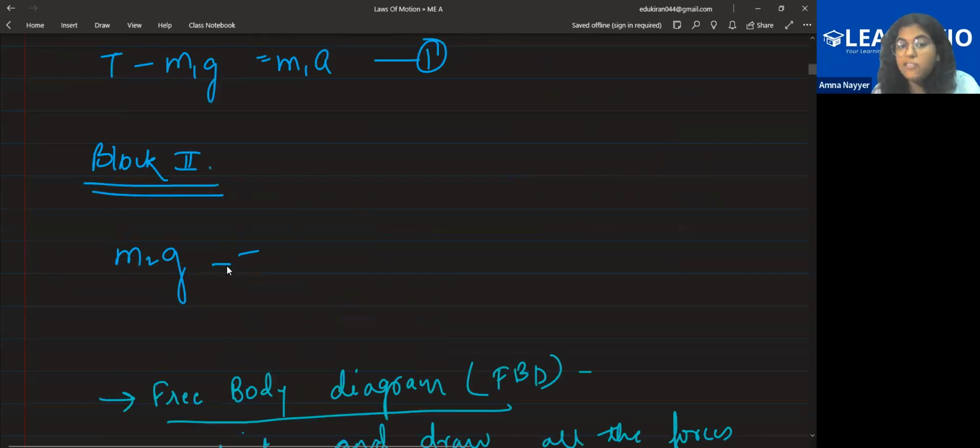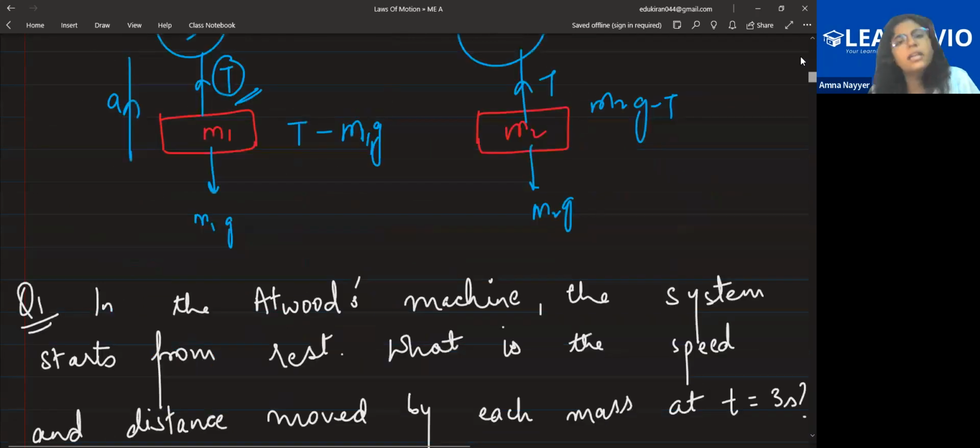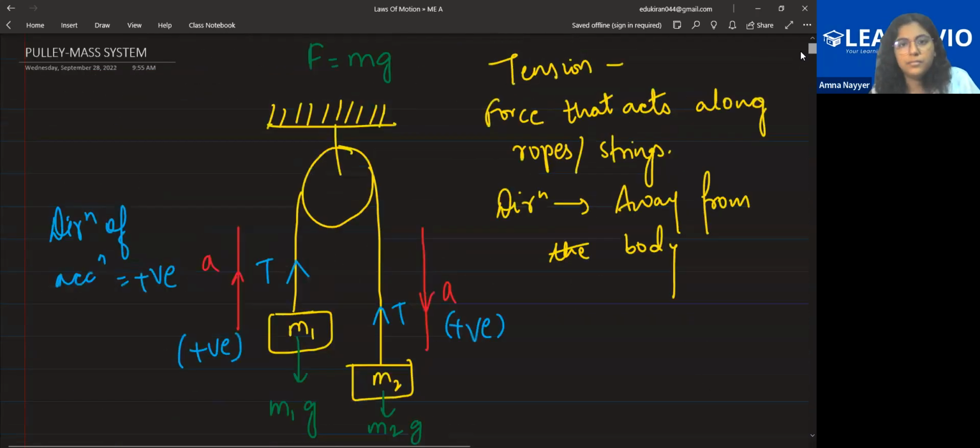Tension is now negative, minus T. This is positive, this is negative, is equal to mass into acceleration. So second equation. This is how you have to write the equations. Now you can solve it. That we'll see through this question only. First start copying it from here.